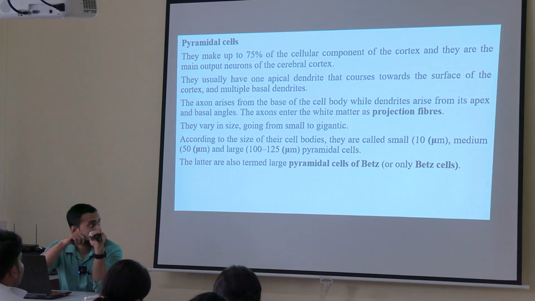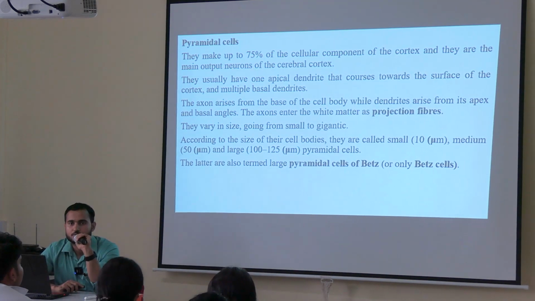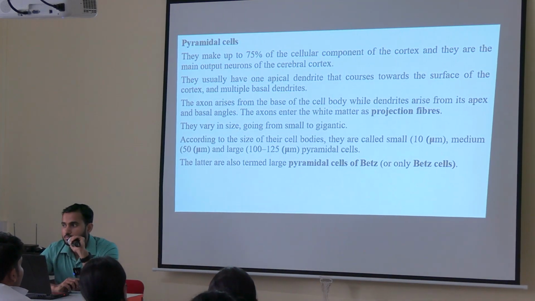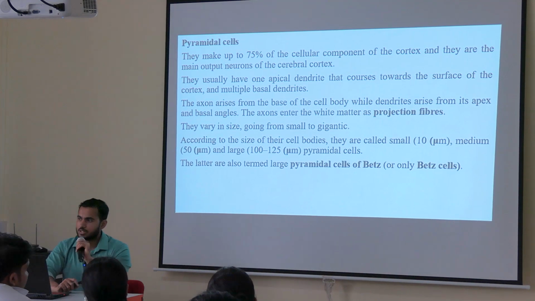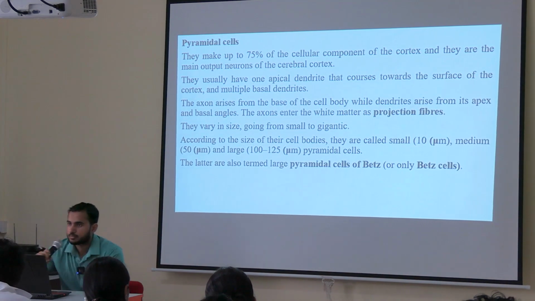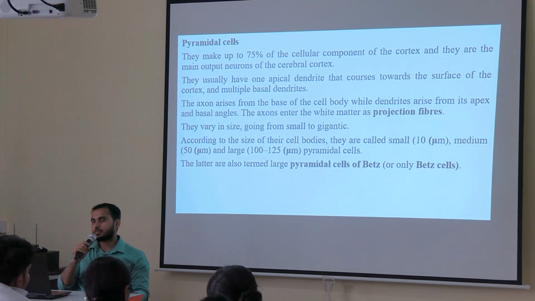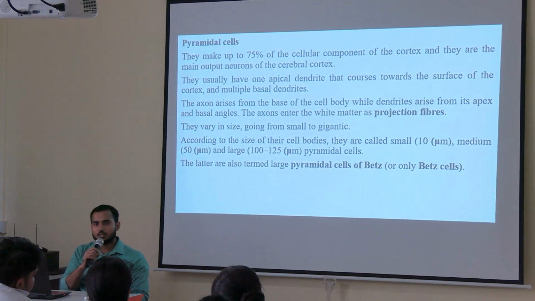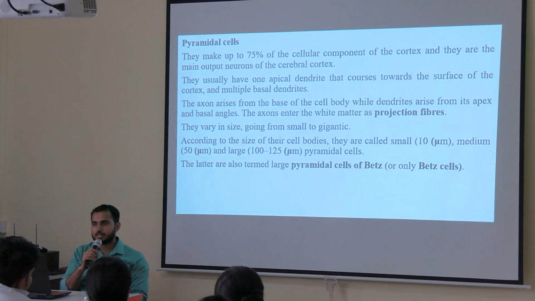Can you tell me what those projection fibers are? Only descending tracts? No. Projection in brain, as you know, three different types of fibers are there.